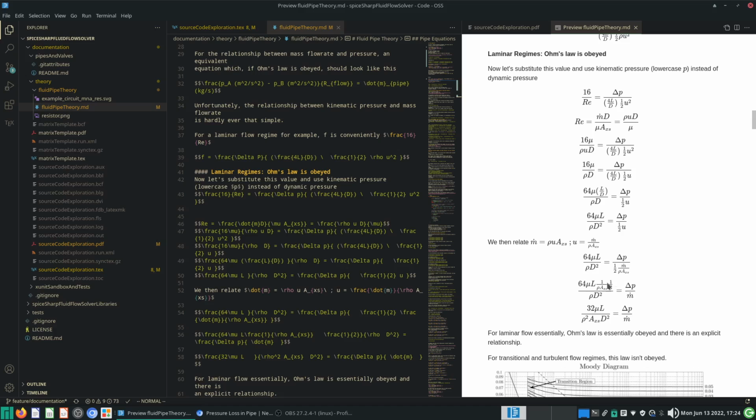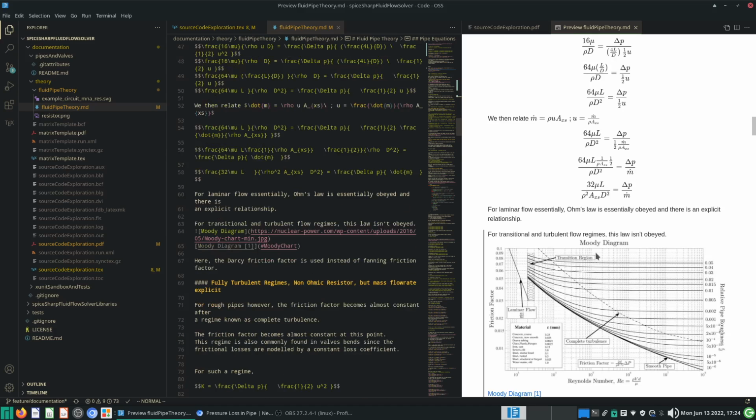So I bring the half, the density and the cross-sectional area all over to the left-hand side. I multiply the half into the 64, and I put the cross-sectional area and all this stuff at the bottom.